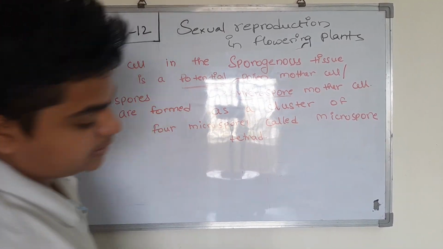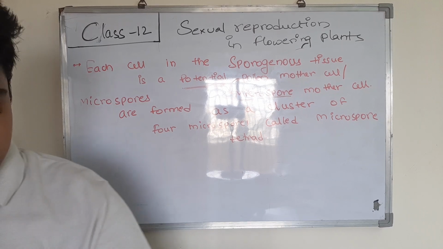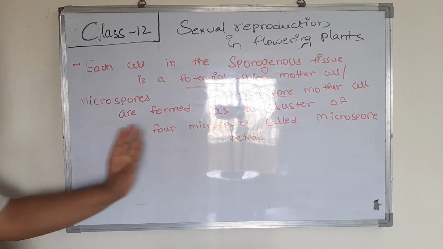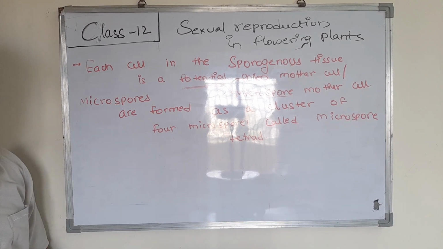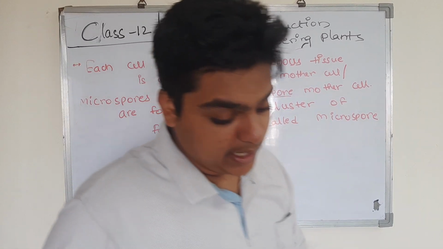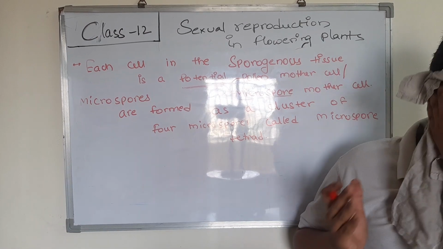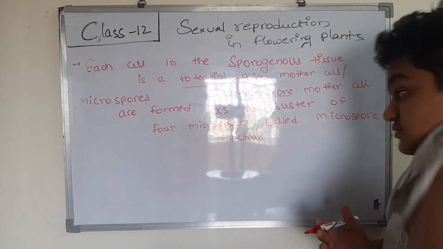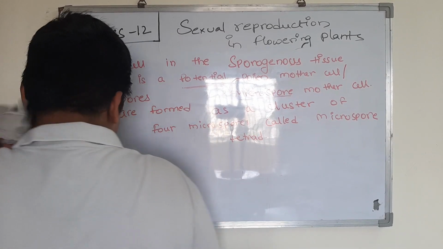Microspores are not formed in a single way, but as a microspore tetrad. And this process of formation of microspores from your PMC or MMC is termed microsporogenesis.